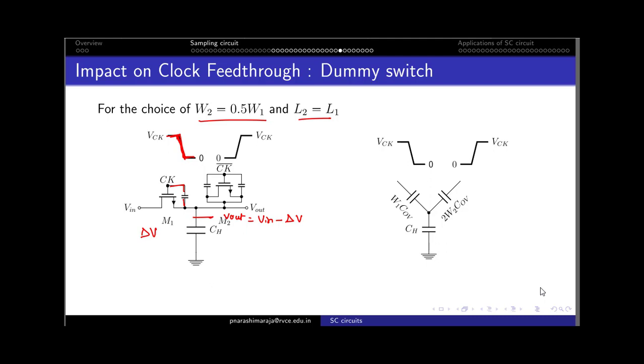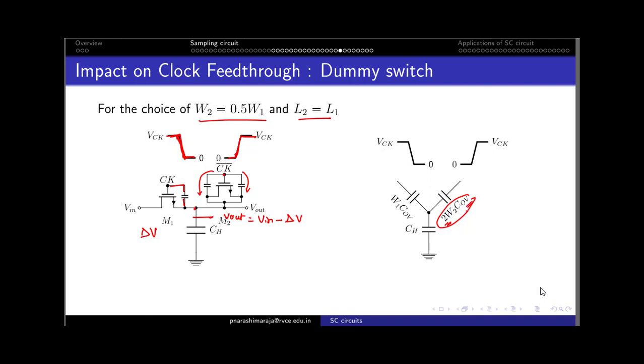The other device makes a positive transition. This positive transition flows through two overlap capacitances, and the total effective capacitance between the gate of this M2 transistor and the Vout node is twice W2 times COV.